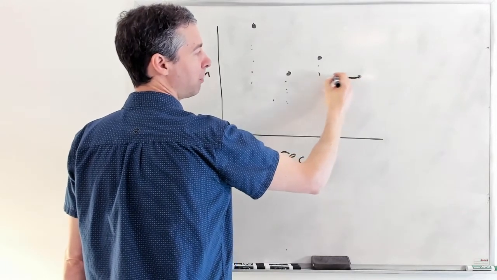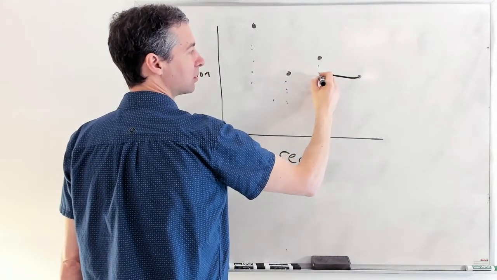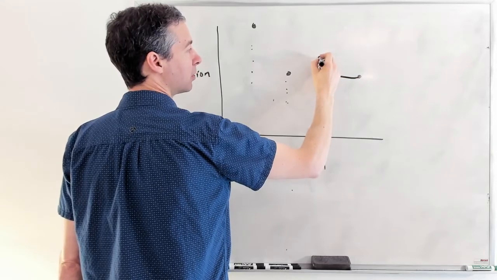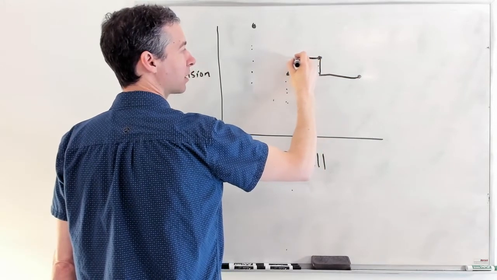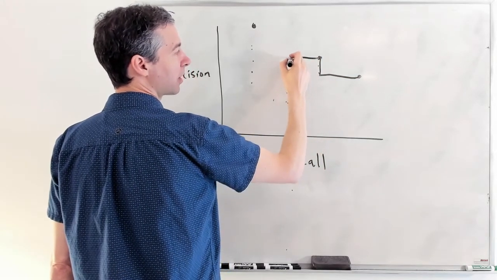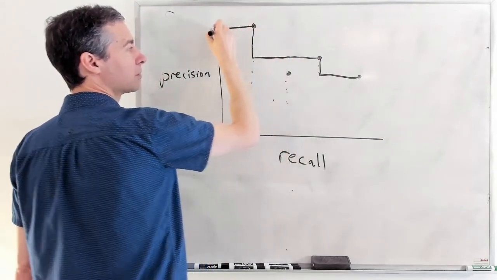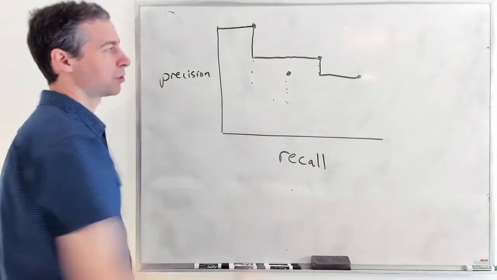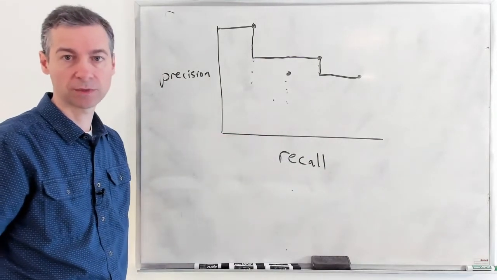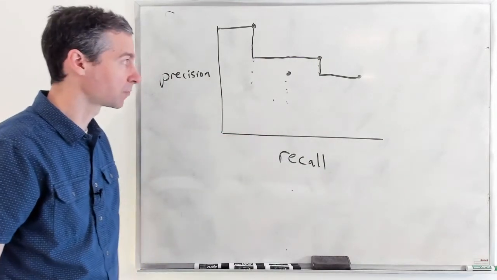We go back until we get here. We go up. We go back. Oh, I'm lower than that, so I'm just going to keep on going. Then I'm going to go up, and I'm going to do that. And we're able to produce a curve. This is a precision recall curve.